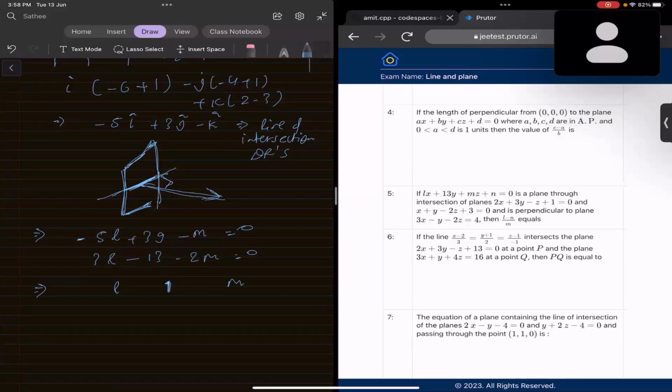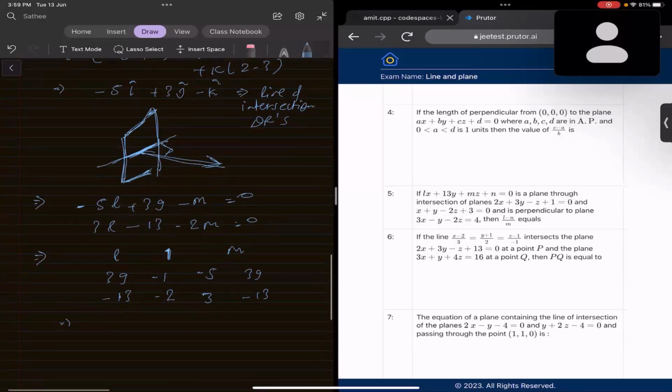If we solve this expression, this is equal to l of -78 minus 13, and this is equal to 1 of -3 minus 10, and this is equal to m of 35 minus 65 minus 3 into 39.